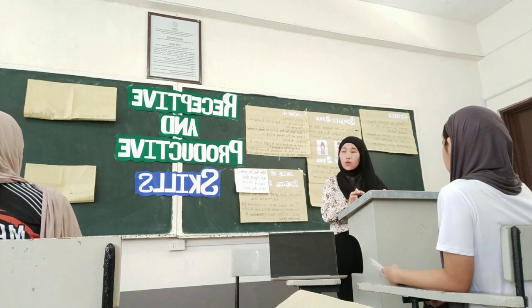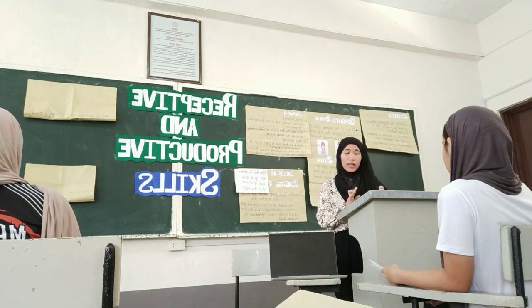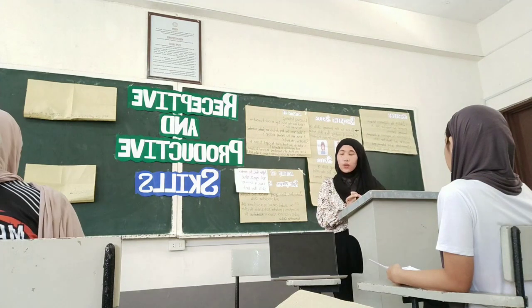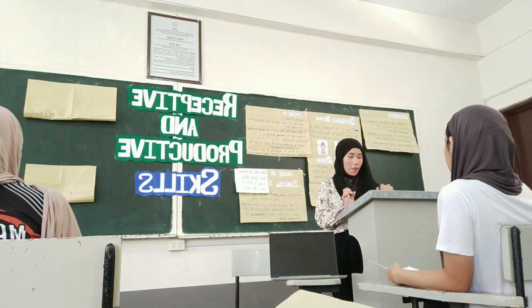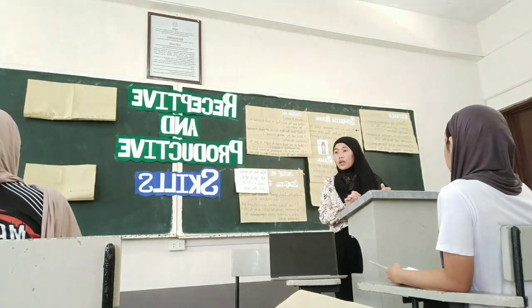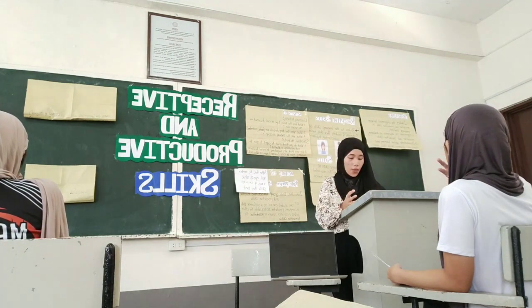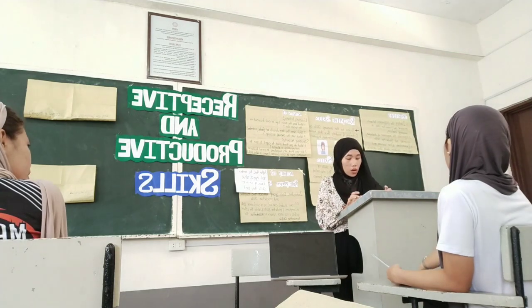Outside of school, in your personal life, receptive skills like listening to a friend or reading an email are important, and productive skills like speaking to your family or writing a letter are also crucial.